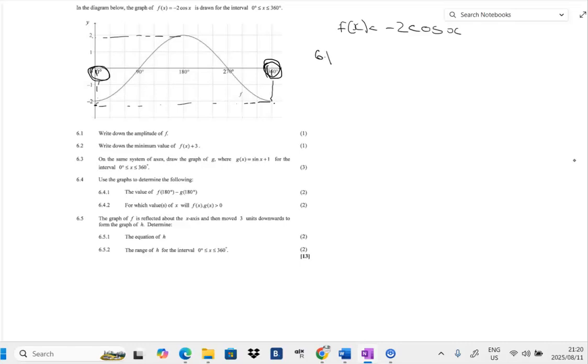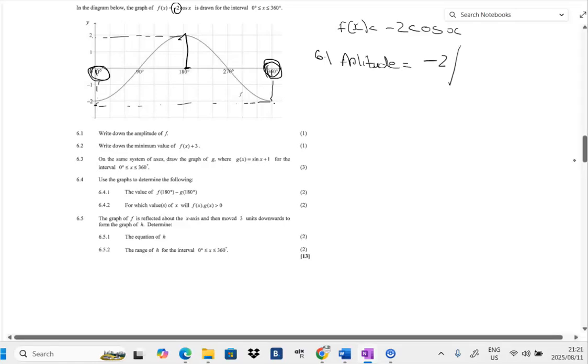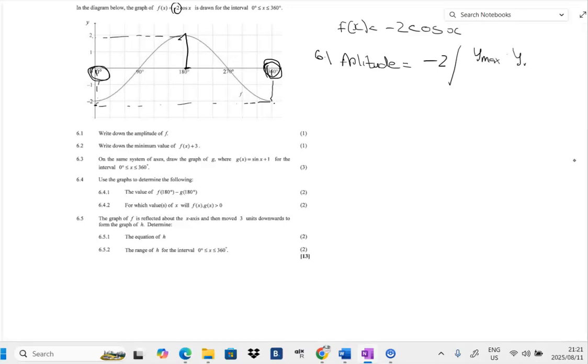6.1. What is the amplitude of f? The amplitude is the distance from here to here. It is multiplied by negative 2, right? So our amplitude is equal to negative 2. You can also calculate it as max minus min over 2.